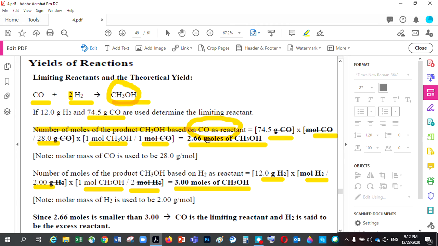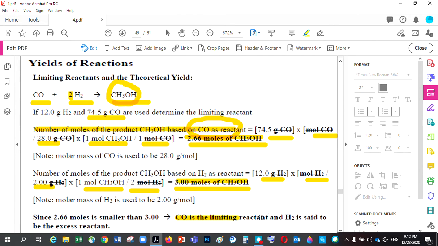Now look at this, here it is 2.66, and here we have 3.00. Which one is the least? The least is 2.66. So the number of moles of methanol based on carbon monoxide is the least, so carbon monoxide is our limiting reactant.